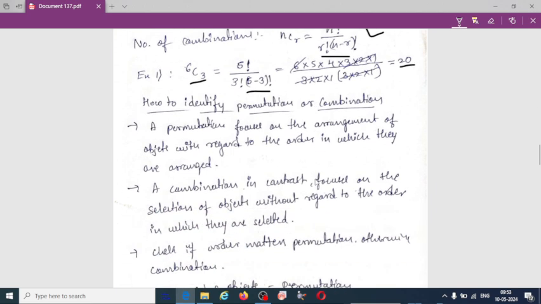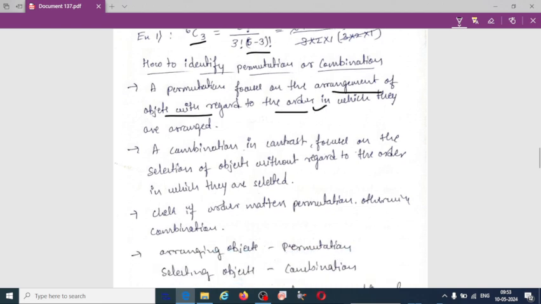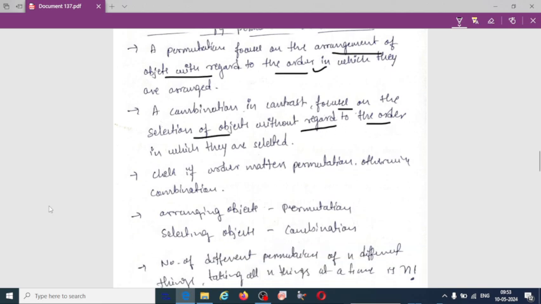So how to identify permutation or combination? A permutation focuses on, as I said, the arrangement of objects with regard to the order. So order is very important in the case of permutation. Combination, in contrast, is the opposite of permutation; it focuses on the selection of objects without regard to the order. So check if order matters: then permutation, otherwise combination.